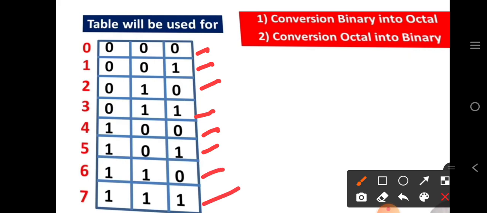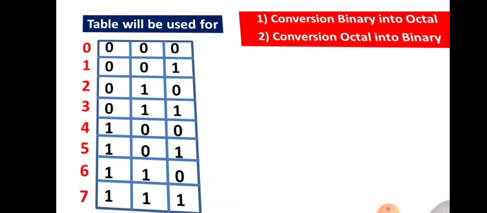So just remember this table. This is from 0 to 7. In a similar way, when we are using the hexadecimal conversions, we use a table which has 4 columns. We will see that in the next point. So just remember this table. It is very useful for the conversion of binary to octal and octal to binary.